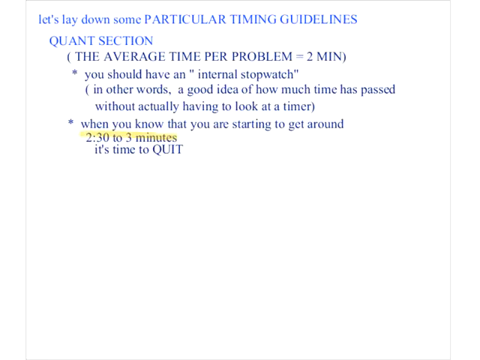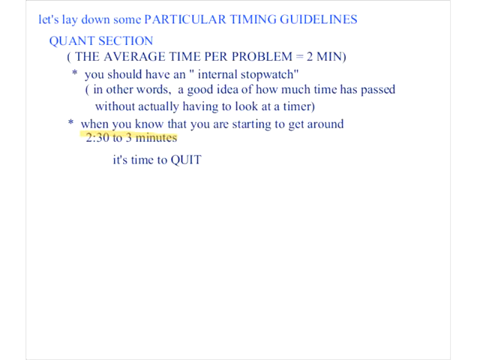This is a good upper limit, okay? You don't want to go with 2 minutes as an upper limit because you will finish some of the problems in less than 2 minutes. Okay, so 2:30 to 3 minutes is a good upper limit.